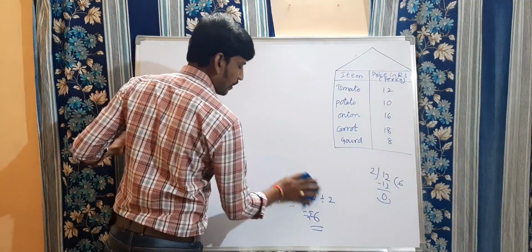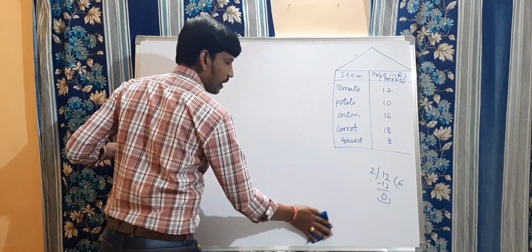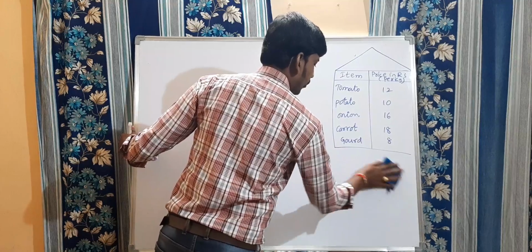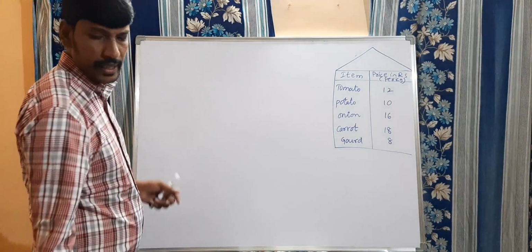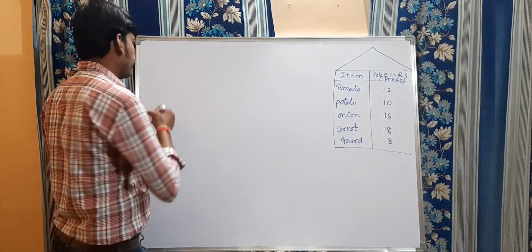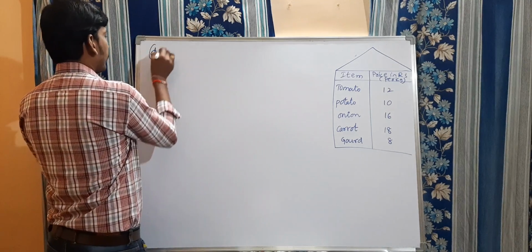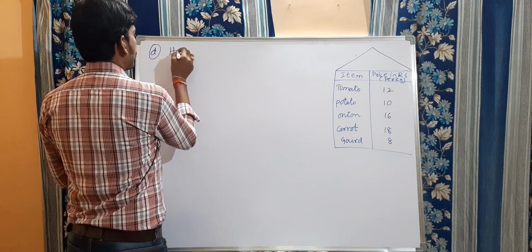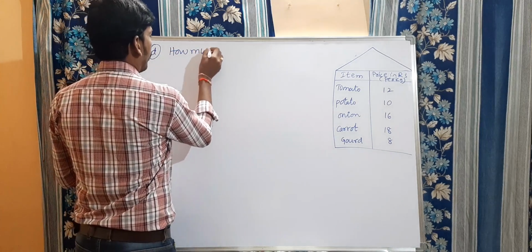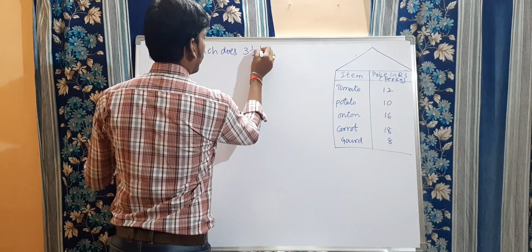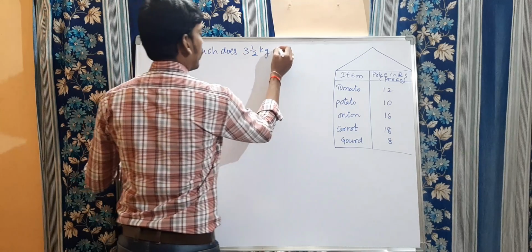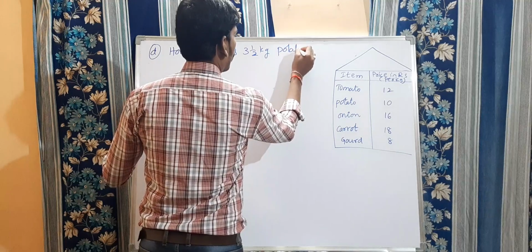For 2 kg it will become 20, for 3 kg it will become 30. For half kg how much is it? Yes, very good, my dears. Now see here: how much does 3.5 kg potato cost?